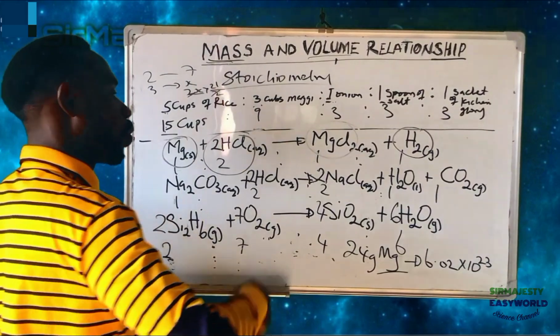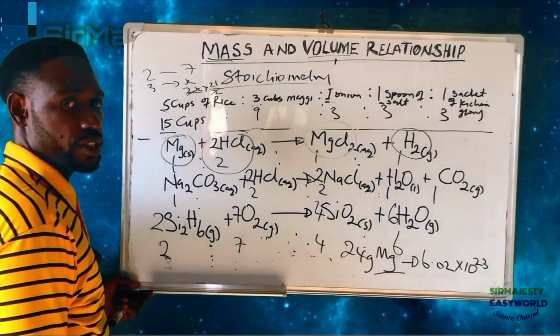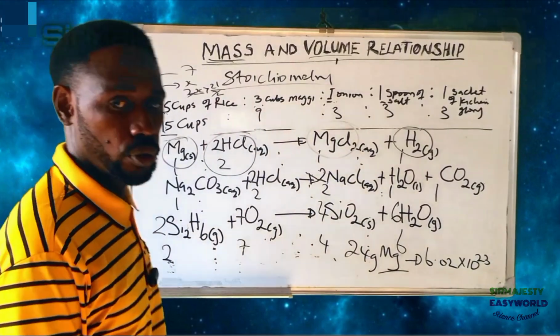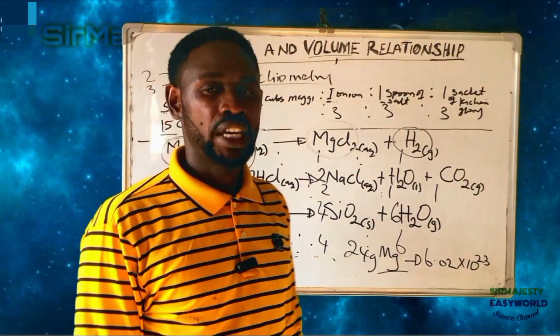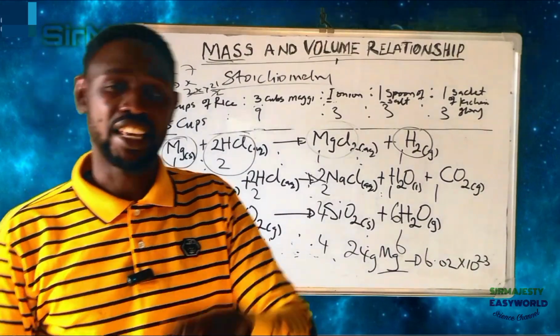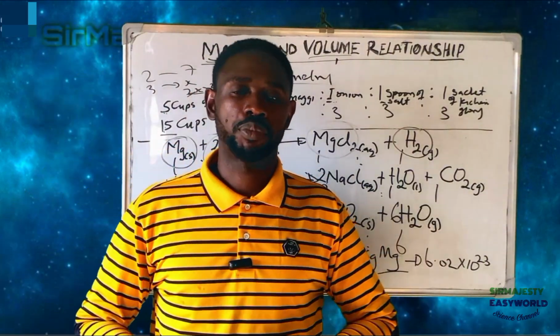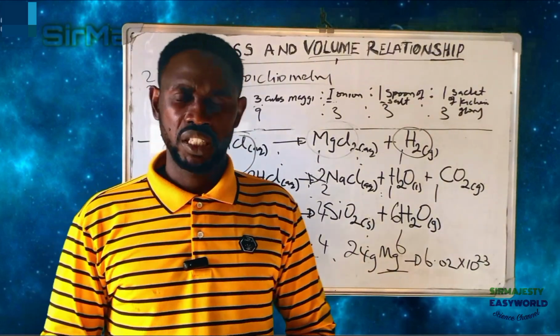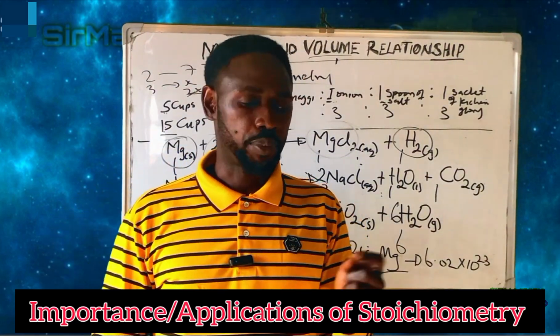I can then know what I'm expecting from that mole ratio. So from the mole ratio, we can also determine the volume in a given reaction. In a balanced chemical equation, the coefficients of the reactants and products represent the mole ratios as shown.